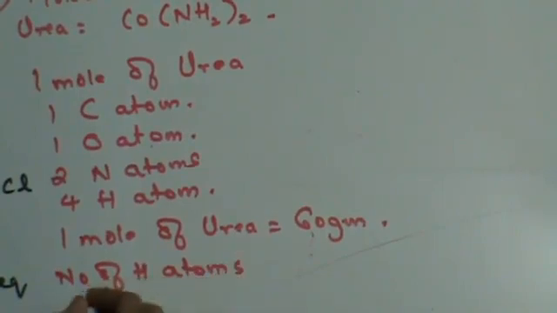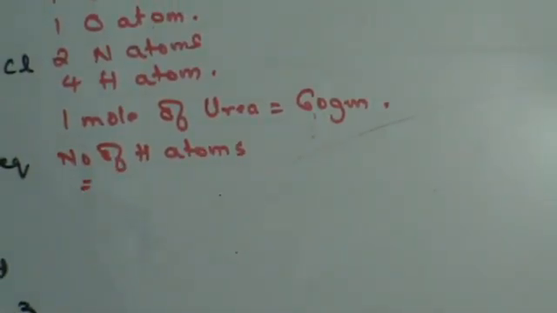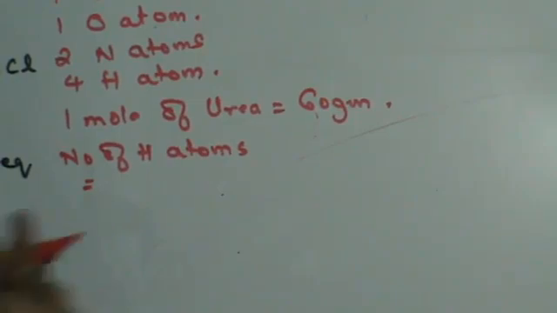Let's see this. 60 grams of urea has 4 hydrogen atoms.